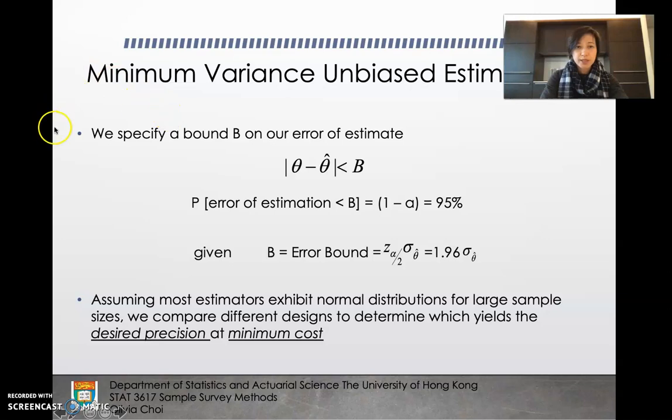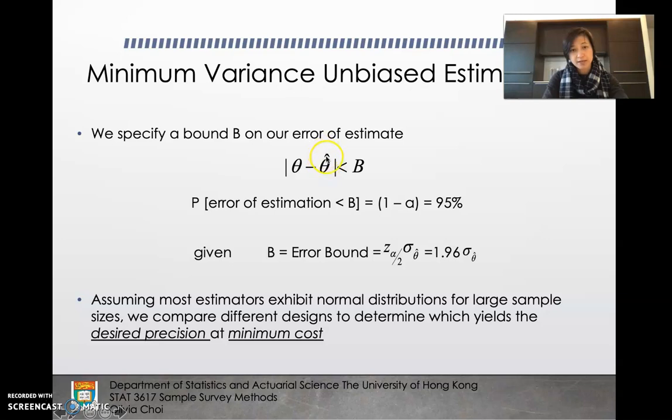So how do we look for the minimum variance or the unbiased estimate when we try to determine the different sampling schemes? Usually we would specify a bound of error, B, which is the level of error we can tolerate. The error in absolute terms would refer to the true value minus the estimated value.